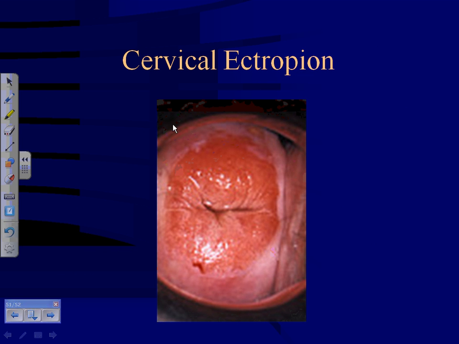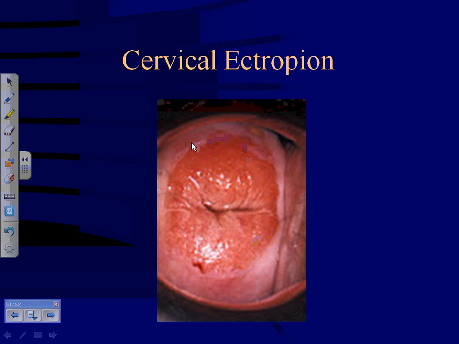Here's an example of one. Now again, it's not uncommon to see, right at the cervical os here, you're usually going to see a change between the ectocervix and the endocervix. But this amount of endocervical tissue on the external cervix is more than normal, okay?